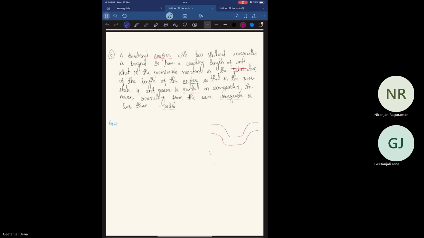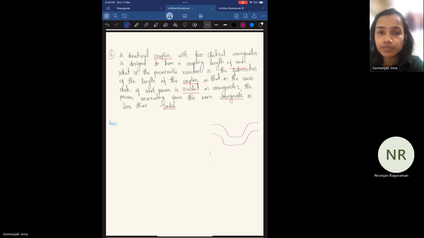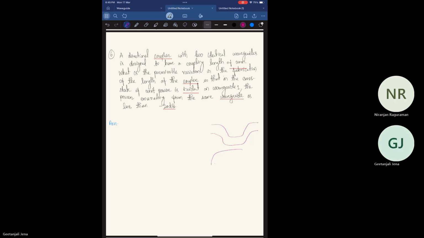So if you look at it, these are two directional couplers.